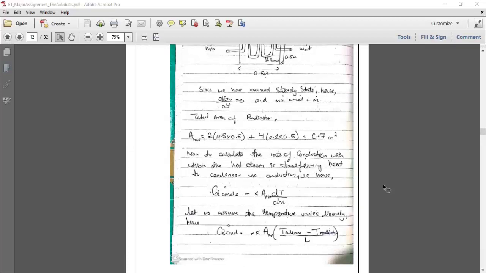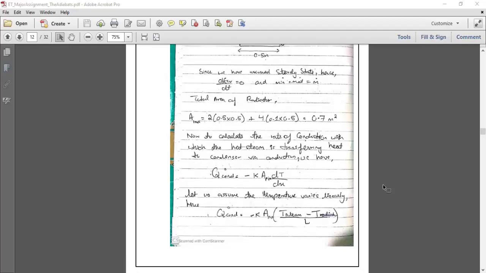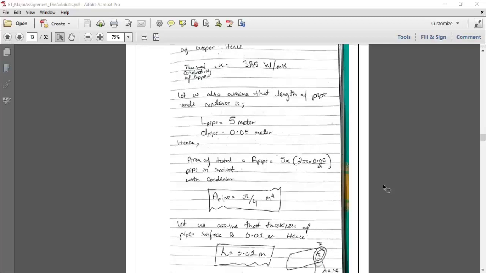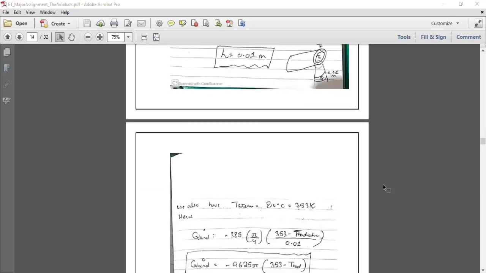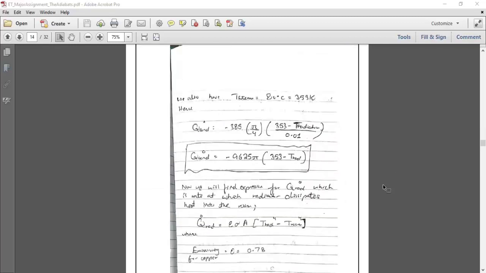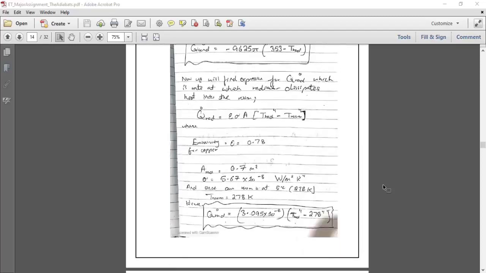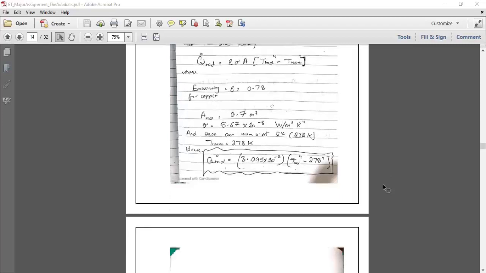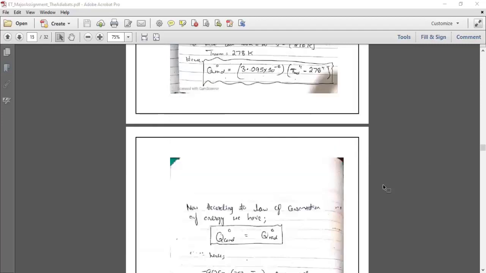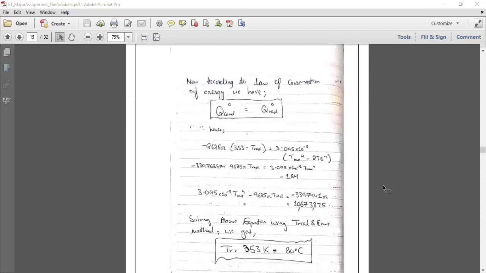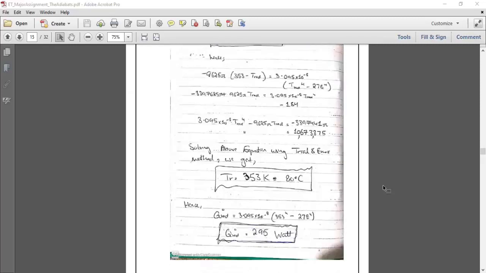Once we have the expression for conduction and radiation, we can simply equate them to find the temperature of the radiator, which is the only unknown in the equation, since we already know all the other parameters and the temperature of the gas as well as that of the environment. Substituting the radiator temperature into the expression for radiation rate, we can find the value of the rate for radiation, which in this case is found to be 295 watts.